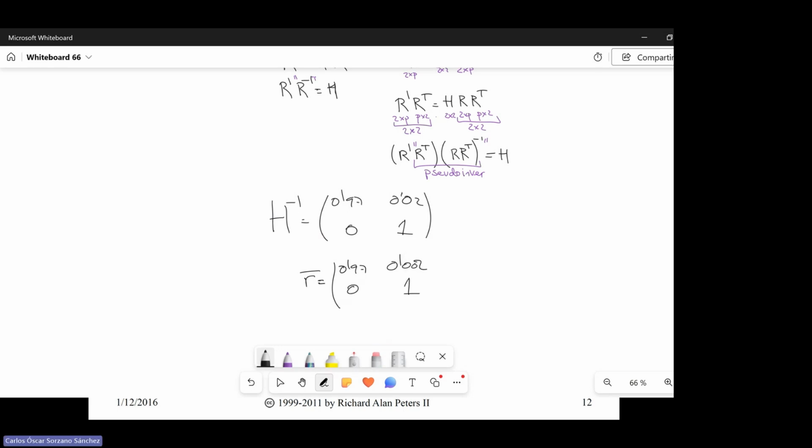So it is equal to this matrix times x prime, y prime, 1, and this is x, y. So this is 0.97 x prime plus 0.02 y. So y doesn't change.